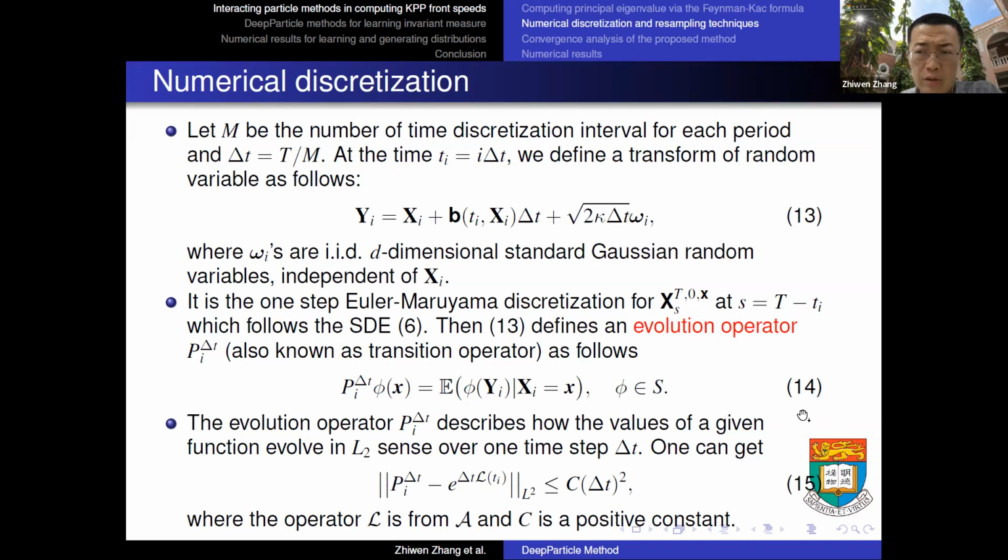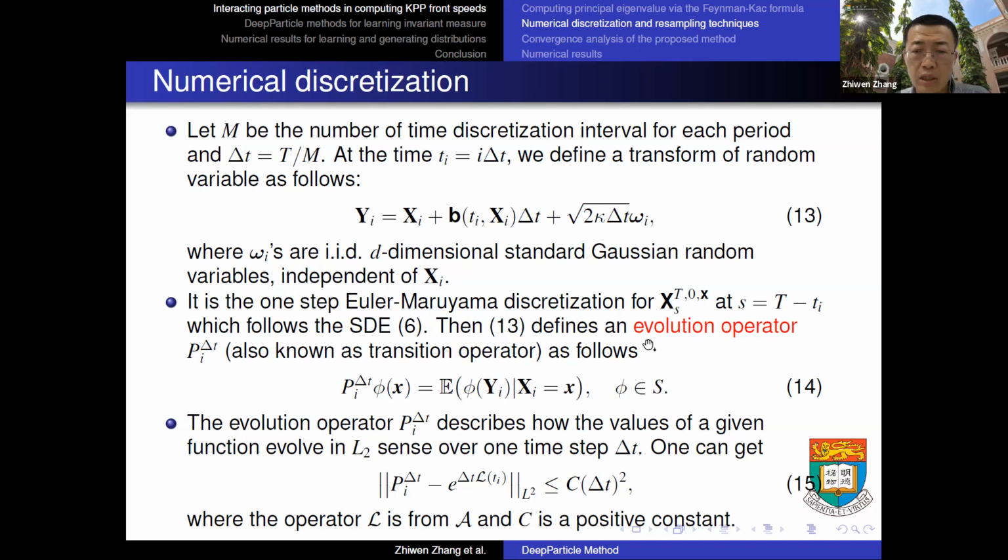This is how to numerically discretize it. Capital T is a period. We further partition it into M parts, and delta t is the time step. So we evolve the SDE by this Euler-Maruyama scheme.